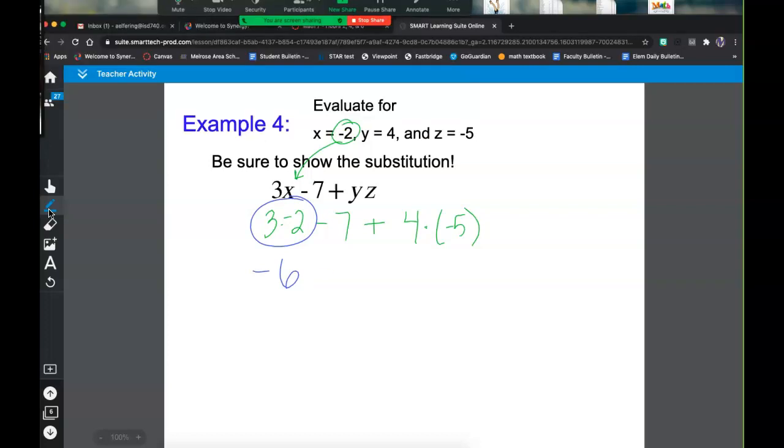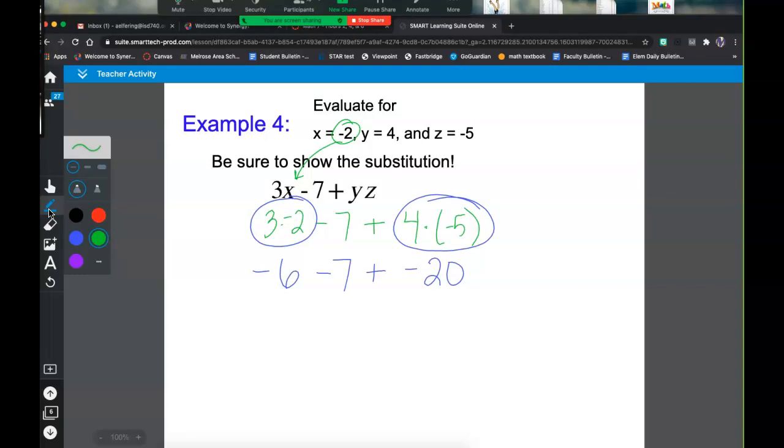Then we have this -7 plus 4 times -5. What's 4 times 5? 20. One negative sign means it's negative. A lot of people I saw get to that point, and then you started making some mistakes. So the next thing we need to do is just worry about this first one, -6 minus 7.